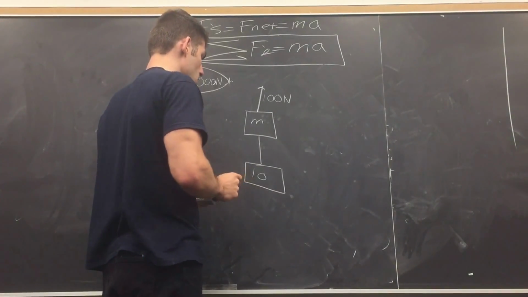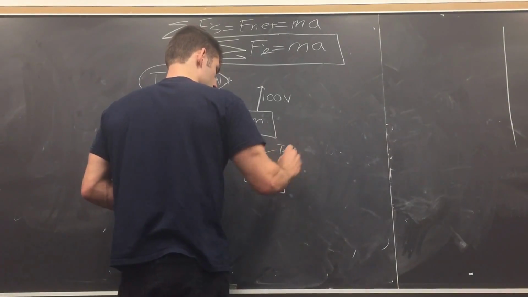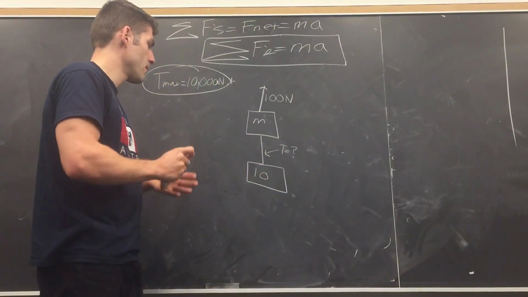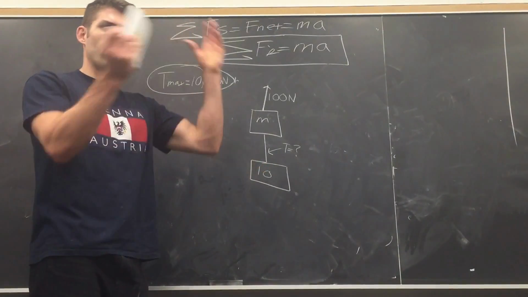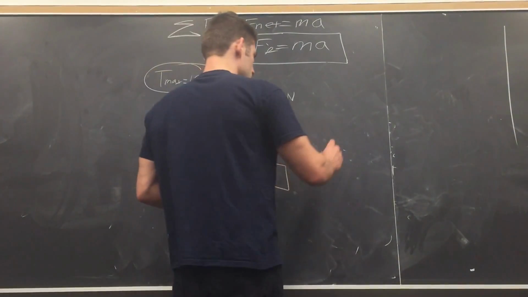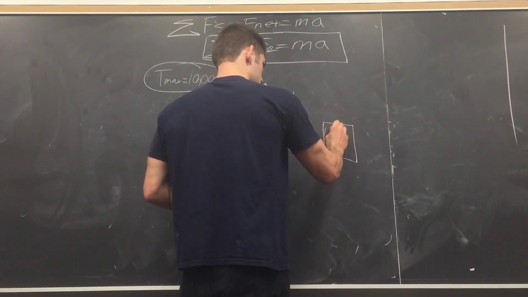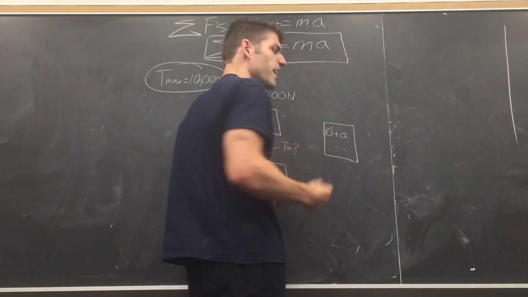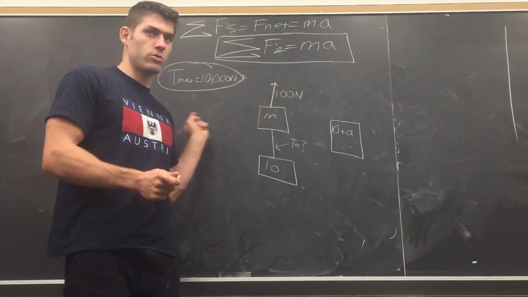I want to know what the tension is here. What's the tension? Okay, so when I have two things in contact, first step, make it one big thing. So this, very quickly, just becomes this. 10 plus A. This is kind of like the problem I was trying to do earlier, but it's a little different because this one's moving in the Y direction, the other was moving in the X direction.